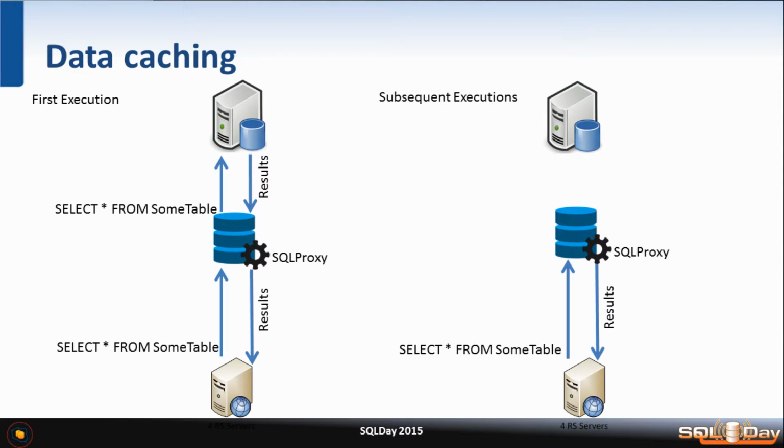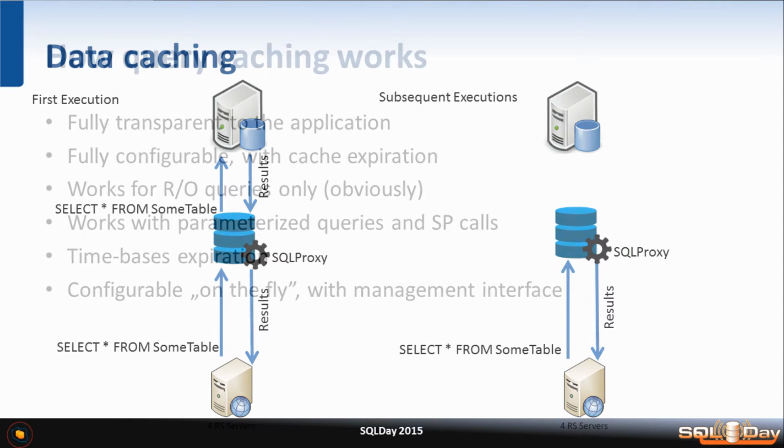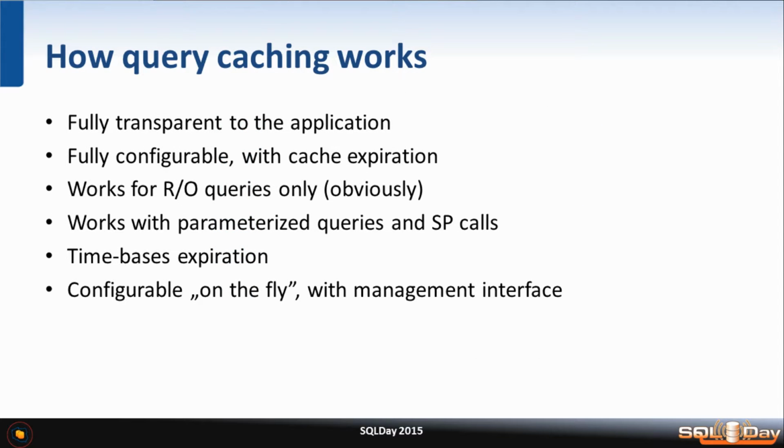And that query never gets executed on SQL Server on subsequent executions. So depending on your workload, there might be some percentage of queries that essentially will be intercepted by SQLProxy, and they will never get to the server, because we're going to serve those queries based on those cached results.